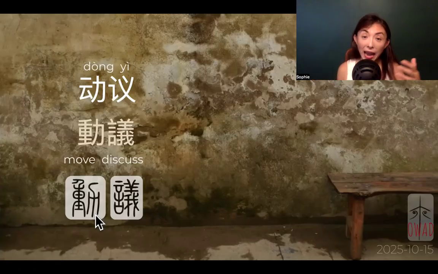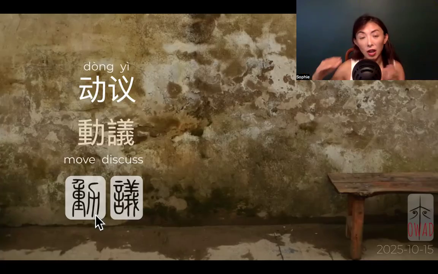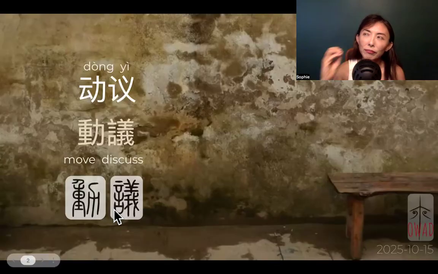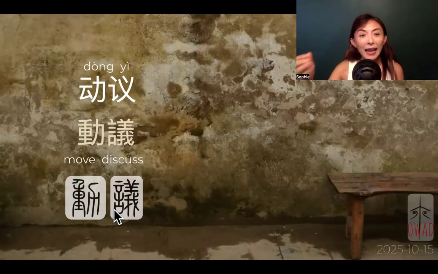So that's what we inherit even today, even if through history, through use, things got simplified, streamlined, rectangularized. But this is how Chinese originally conceptualized what is move, what is discuss, and actually move and discuss together.